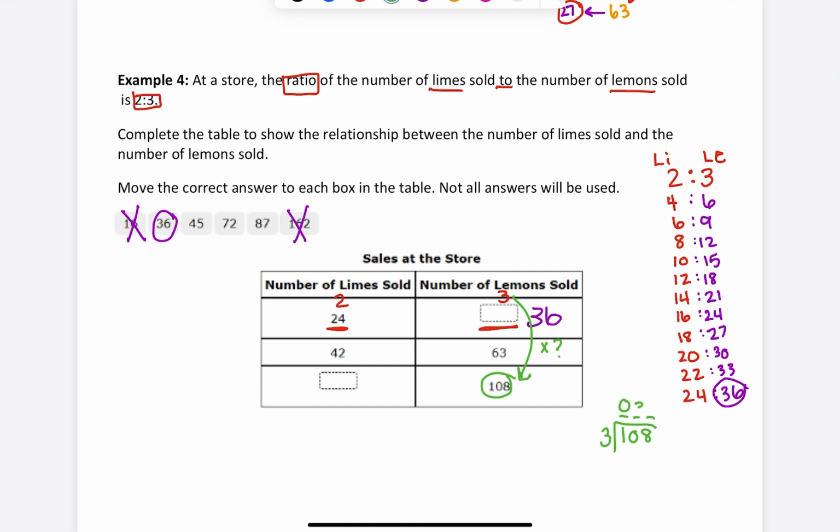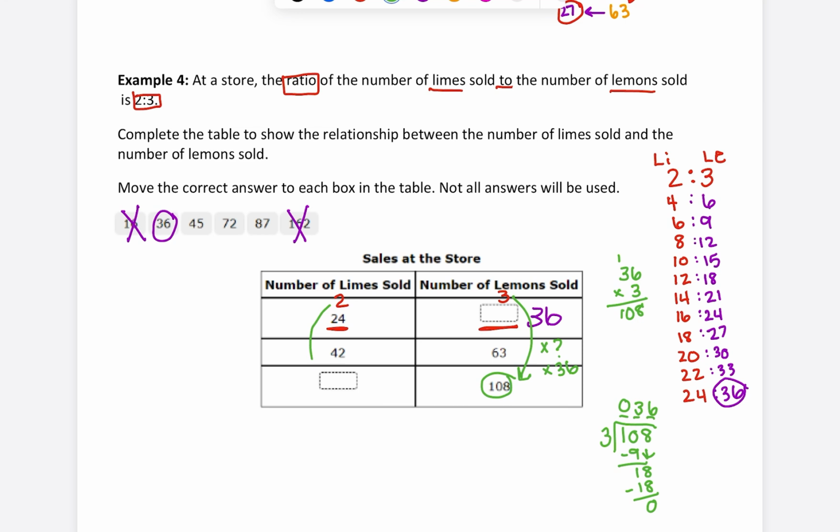It goes into 10 3 times, which gives me a 9. 10 minus 9 is 1. And that gives me a 6, which is perfect. So that means 36 is my rule. So I am multiplying by 36. Okay, and we could even check 36 times 3, that should give me 108, and in fact it does.